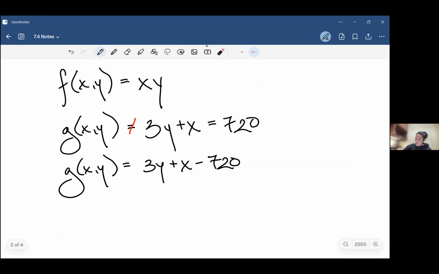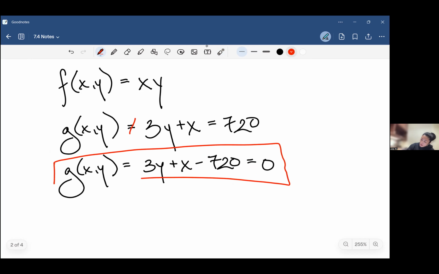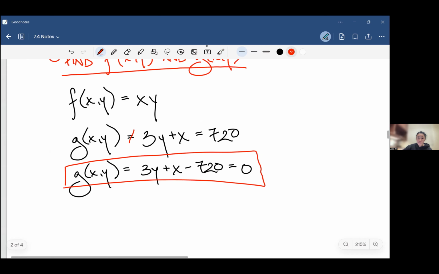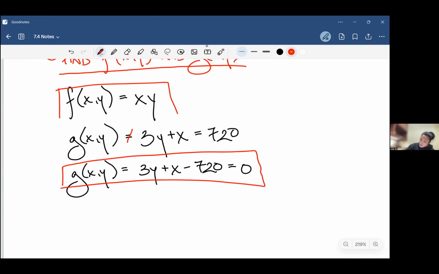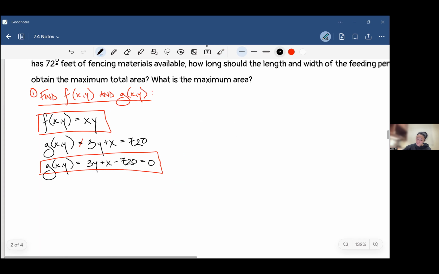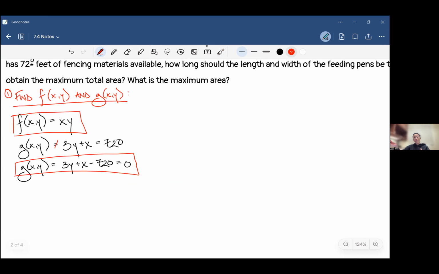With this minus 720, now it equals 0, and this is the g of xy equation that I want to use. And I'll also box off the f of xy because that's the other equation I want to use. All right, so we find our f of xy, we find our g of xy.